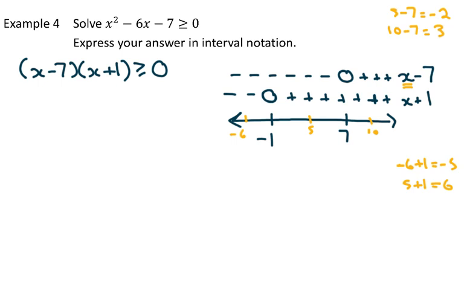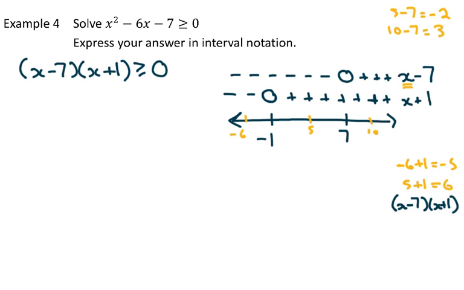Now we need to put it all together. So going back to how it was in the inequality, it was x minus 7 times x plus 1. In order to figure out the sign of x minus 7 times x plus 1, we're going to take the signs of the individual factors and multiply them together.